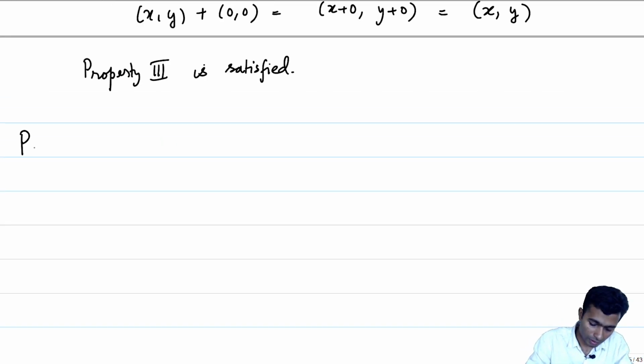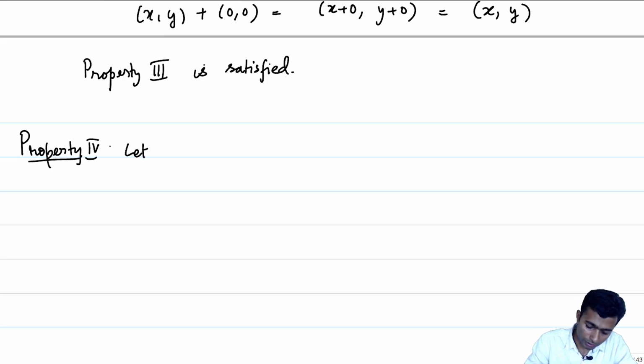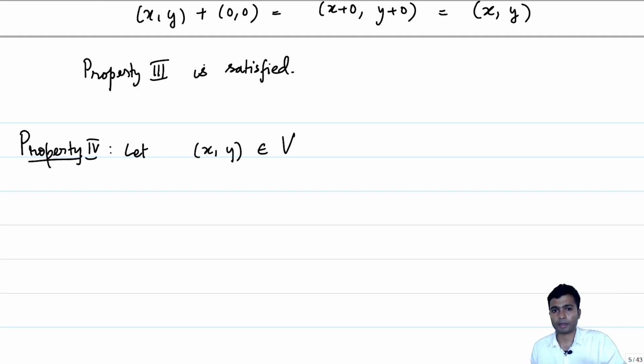How about property 4? Property 4 talked about additive inverse. Given any vector v, we would like to look for another vector w such that v plus w is the 0 vector, the 0 element. So this is property 4. Let's see if this is getting satisfied. Property 4 demands that let x, y be an element in capital V. The addition is the same as the addition in the vector space R2. So we know what to expect.